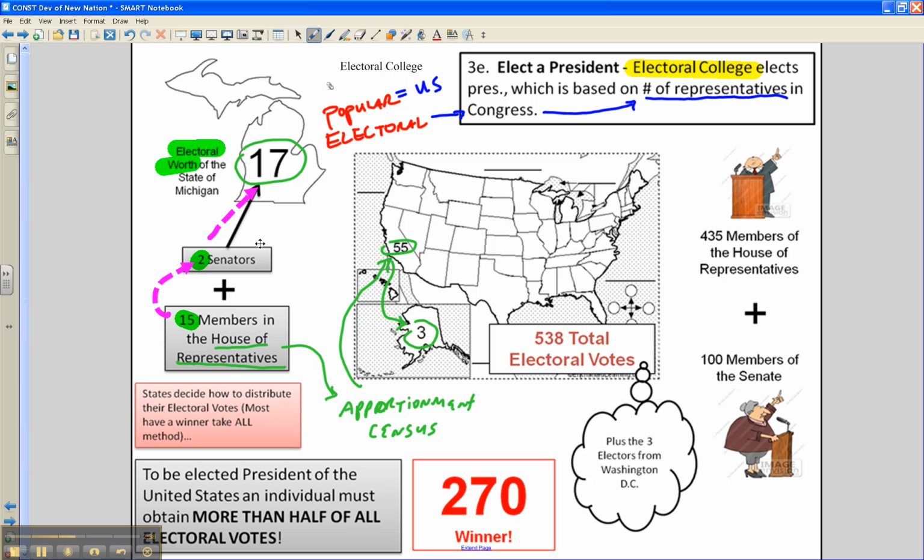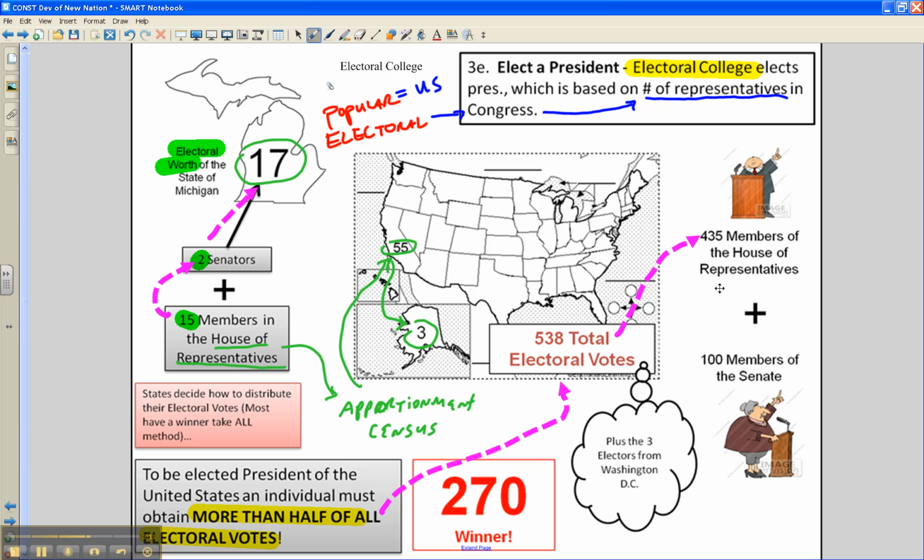Now, given this background knowledge, here's what happens. In order to win the U.S. presidency, you must win more than half, as seen down here in the lower left-hand corner. You must win more than half of all the electoral votes. Now, there are 538 electoral votes. This is how we determine the 538. We start with 435 people in the House.